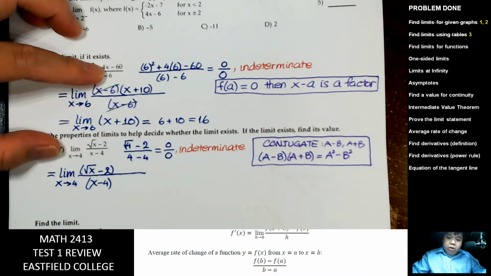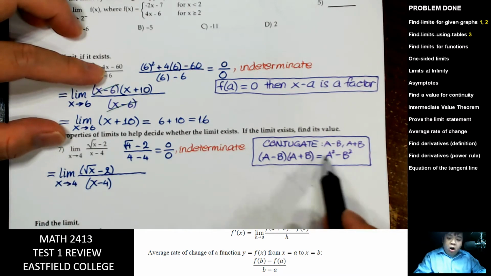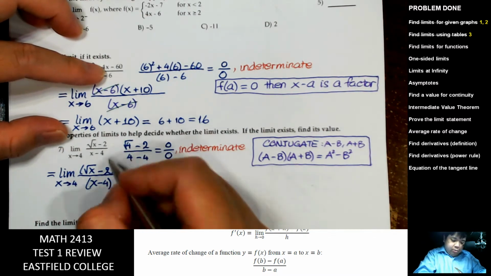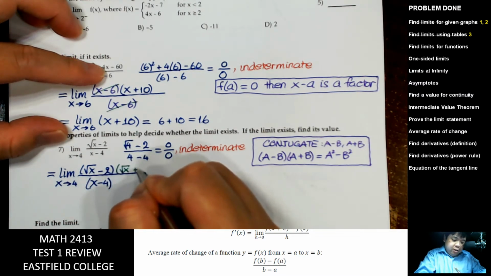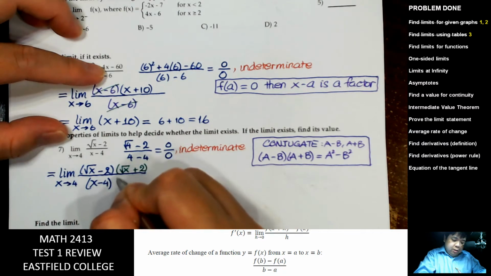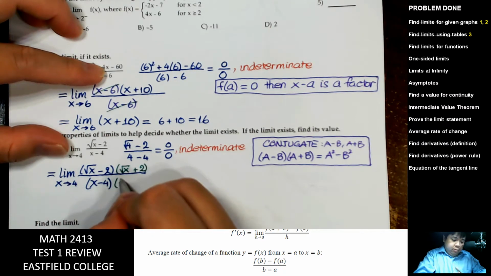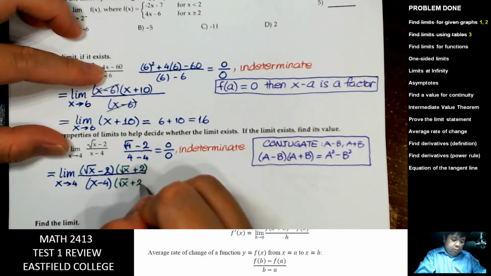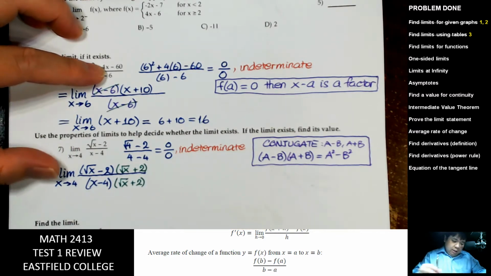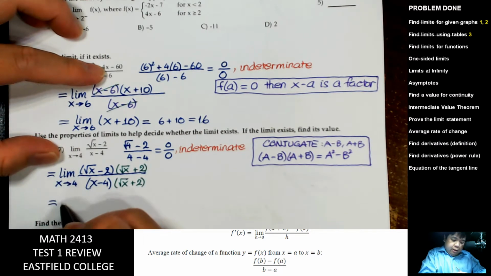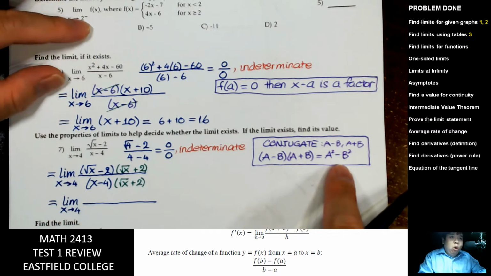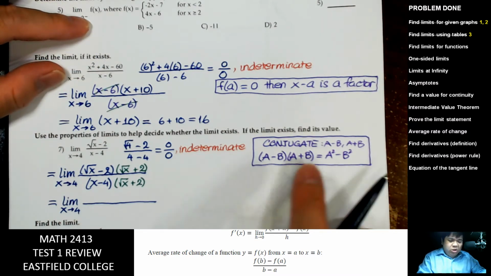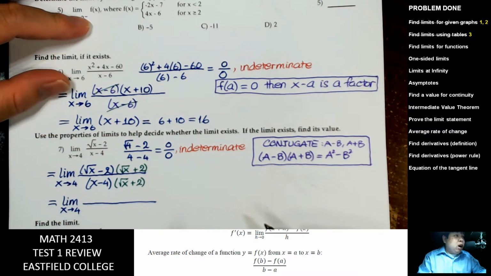So what we do is we multiply top and bottom by the conjugate. This has minus, so we will do the plus. We can use the formula, or we just multiply it out. I'll just multiply it out.